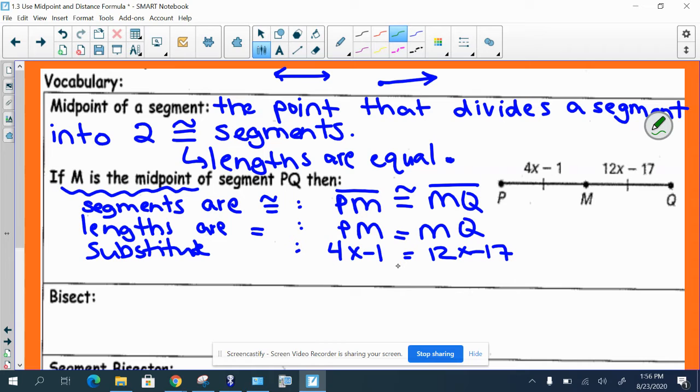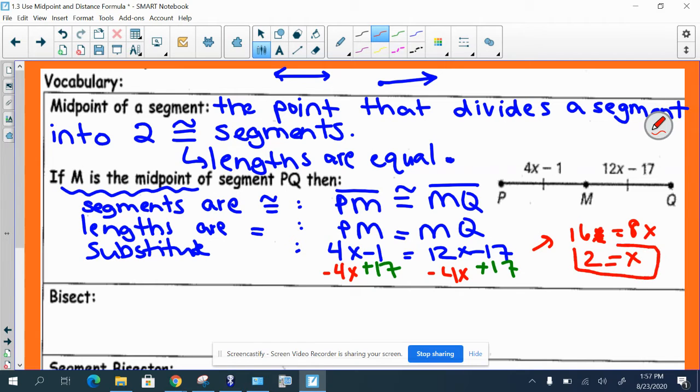So adding 17 over, and at the same time, I'm also going to subtract 4x because I want my x's to stay positive. So this would give us 16 equals 8x. Divided by 8, x is 2. Now, technically, it didn't really ask us to find an answer, but we'll just assume it asks us to find x.